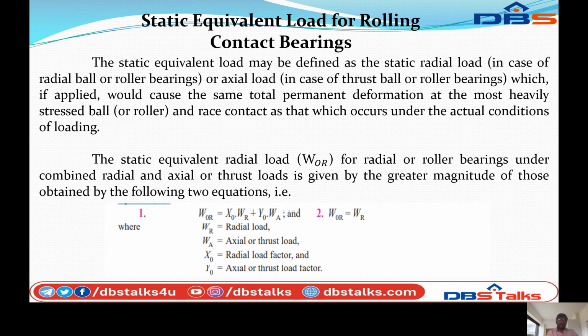That is, W0R equals X0 WR plus Y0 into WA, and the second one is W0R equals WR. So these are the two equations, where WR equals radial load, WA equals axial or thrust load, X0 equals radial load factor, and Y0 equals axial or thrust load factor.